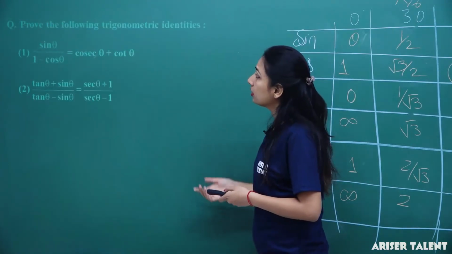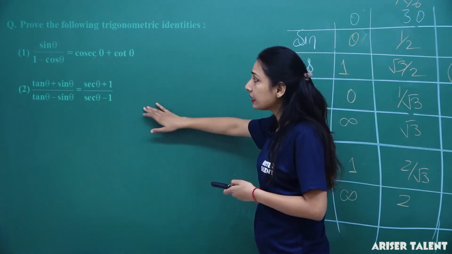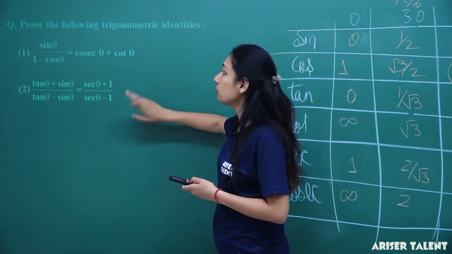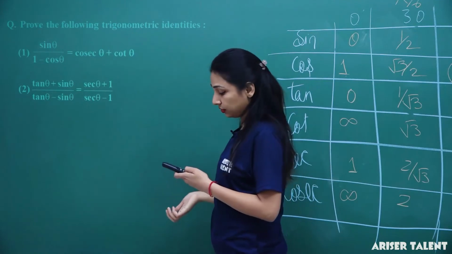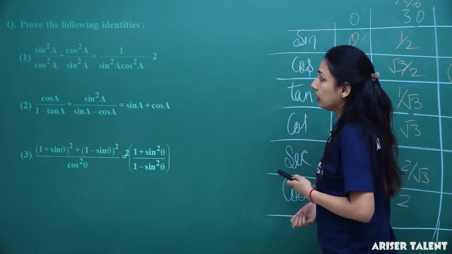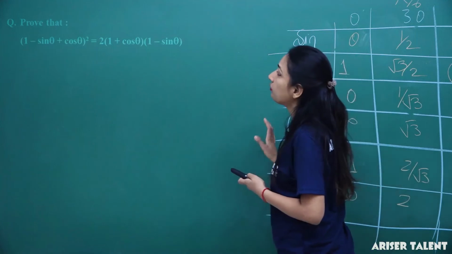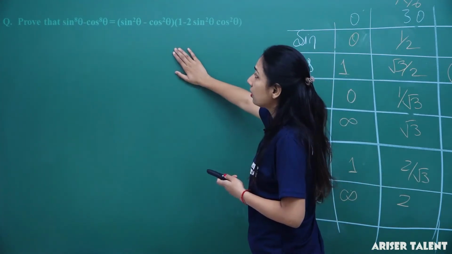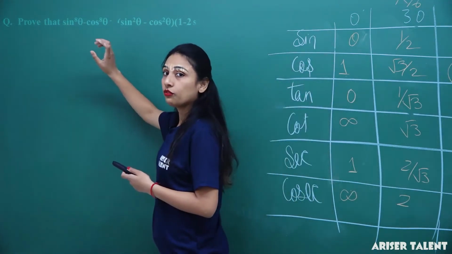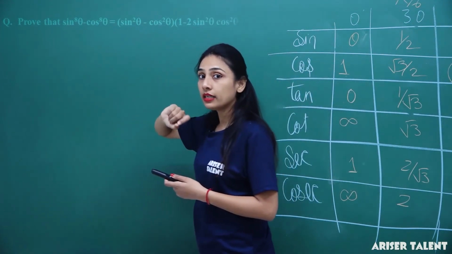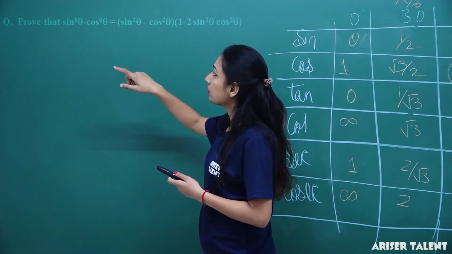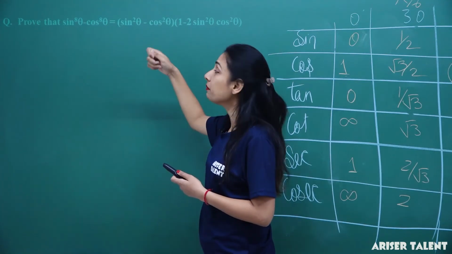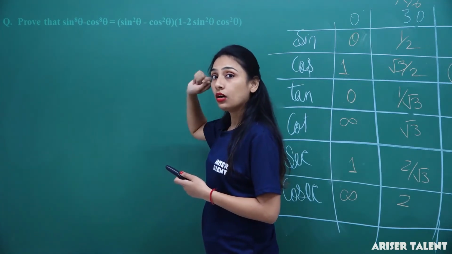Here we proved these identities, and you also have to remember them, because you can use them directly in other questions. In this one, we bifurcated sin to the power 4 theta as sin square theta whole square, minus cos square theta whole square.